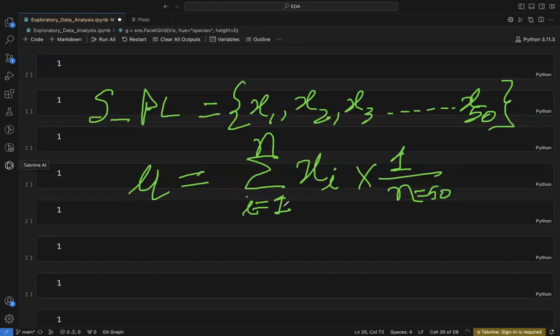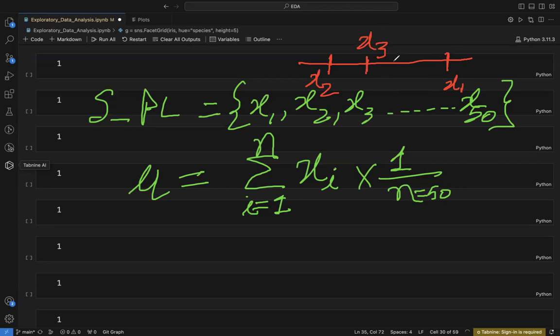So variance is often defined as a summation across all points. Let's suppose we have some points here, say this is my x1, this is x2, and this is my x3.